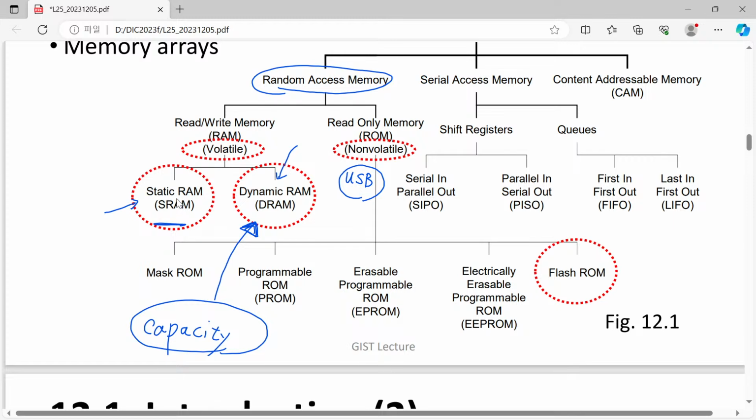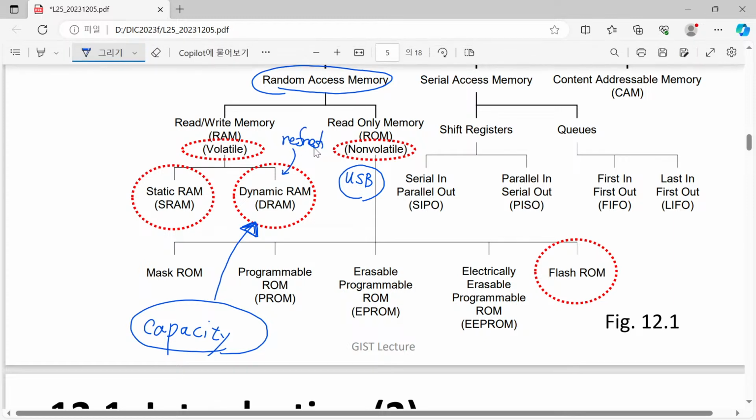However, there is another point: DRAM should be constantly refreshed. Let's say that you just load certain information. Since this is dynamic DRAM, after a long time, typically the time scale is 10 seconds or a few tens of seconds, you lose its memory.